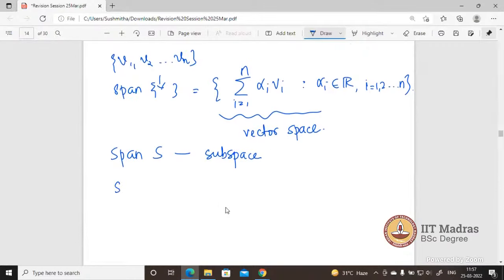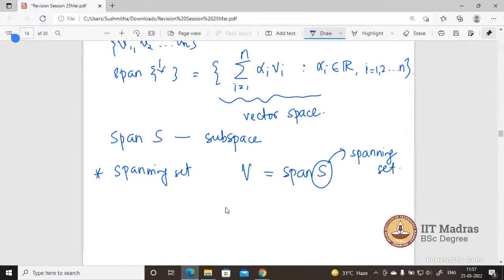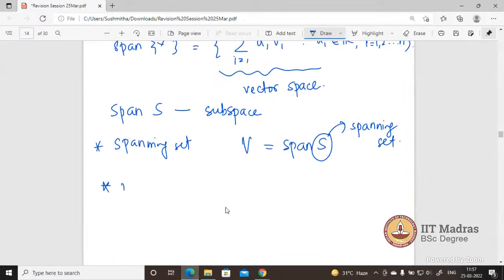And what is a spanning set? It is a set which spans the whole vector space. Yeah. So here you start with a vector space. You find the set S such that span of S is V. So this is my spanning set, right? Yes. Okay, so what is a minimal spanning set?